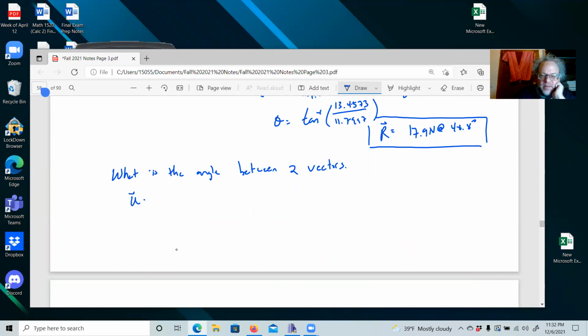U dot V is equal to U1 V1, the first component, plus U2 V2. It is also equal to the magnitude of U times the magnitude of V, times cosine theta.